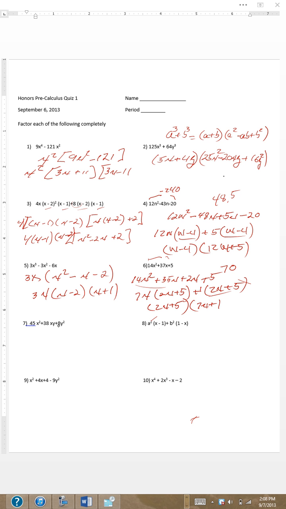Another problem here. Multiply the ends. 45 and 8. Find the combination of numbers. 45 times 8 is 360. Rather large number, but 360. Combination that works there is 18 and 20. So the middle term is renamed as 18xy plus 20xy, 8y squared down for the right.